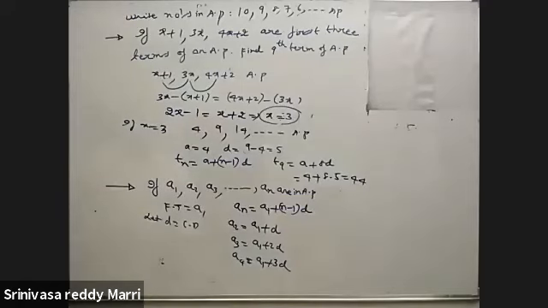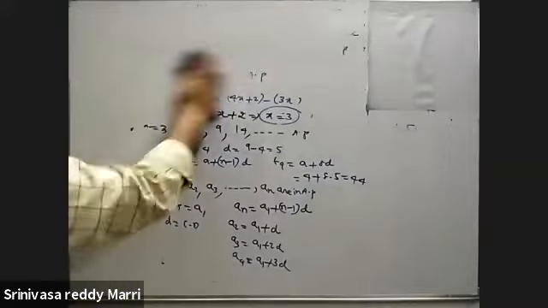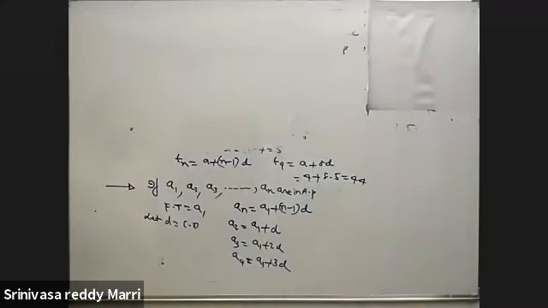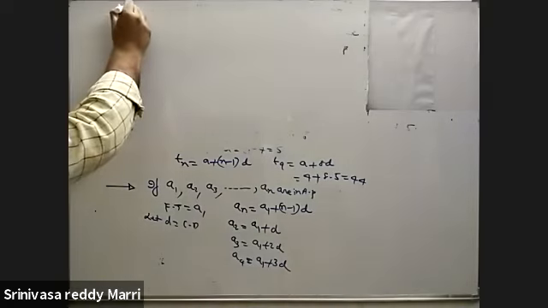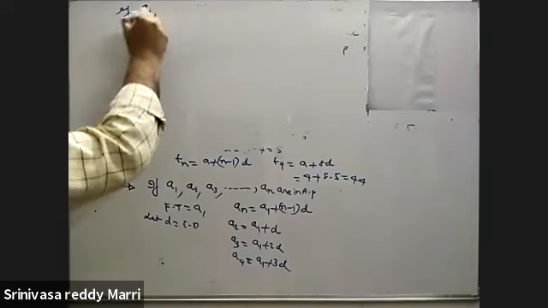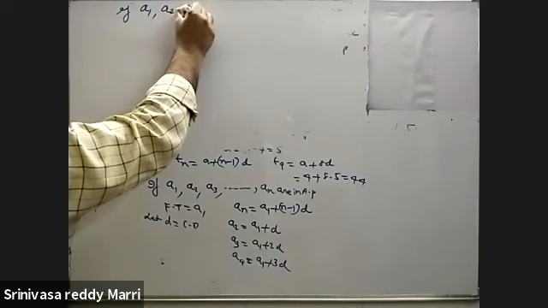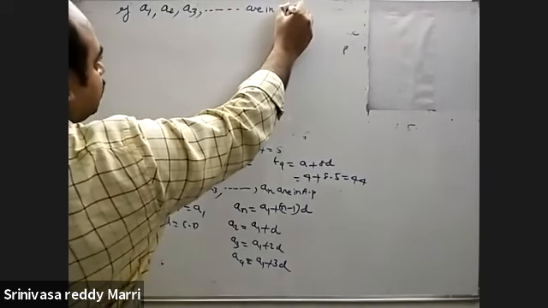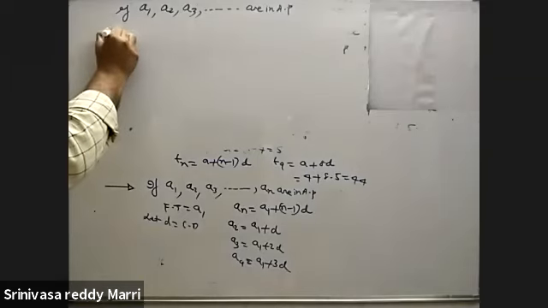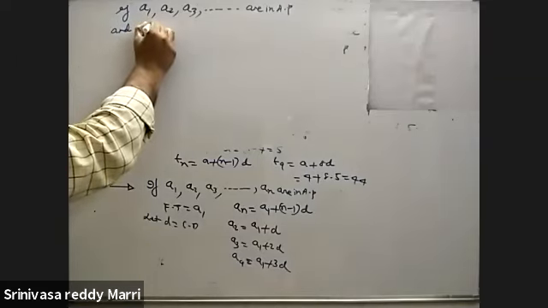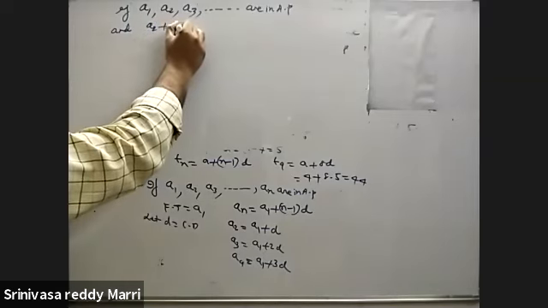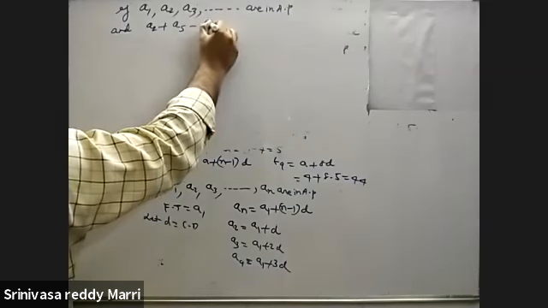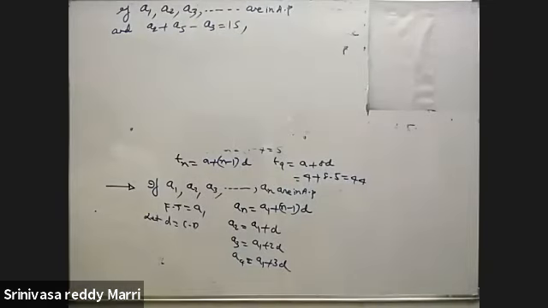Suppose we take one example. A1, A2, A3 and so on are in AP, and the conditions given are: A2 plus A5 minus A3 equals 15, that is one condition.